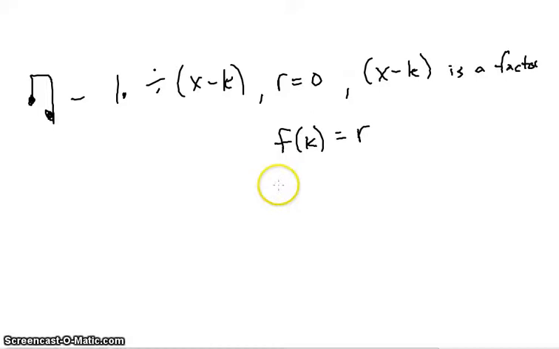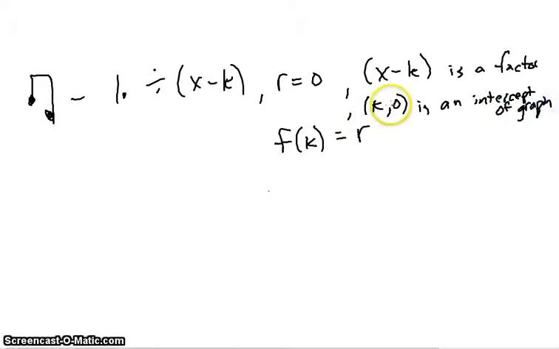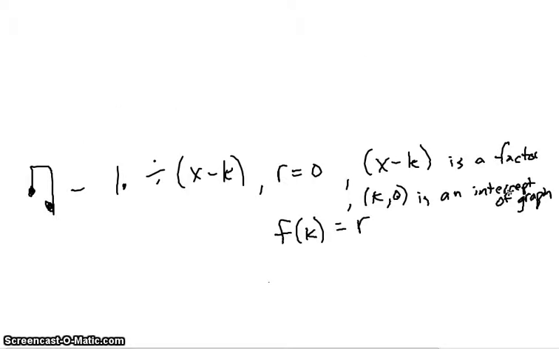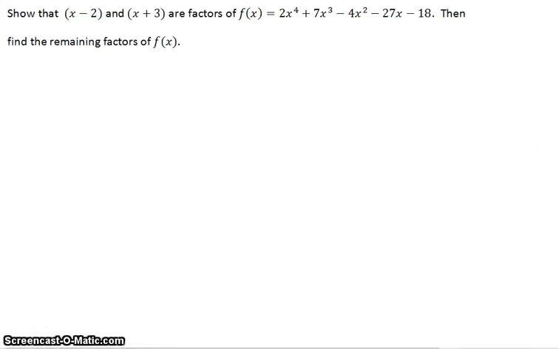The last thing is that if you get 0 for a remainder, then the point k comma 0 is an intercept of the graph. Because if it's a remainder of 0, then your y value or your function value has to be 0. That means that it's a 0 of the function. That means it's going to be an x-intercept on your graph.